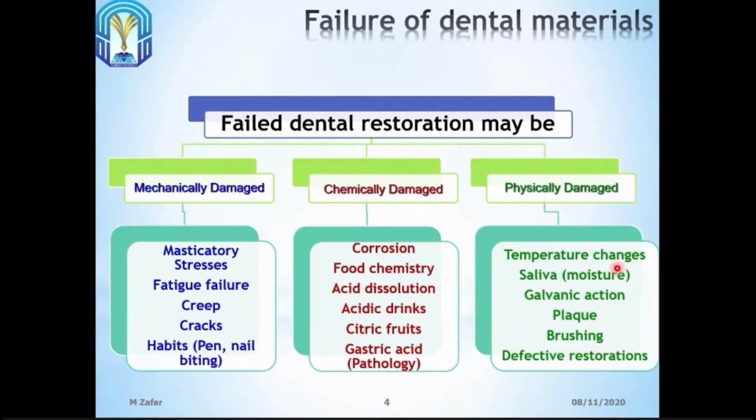Saliva itself contains moisture, various microorganisms, galvanic action. We will read about this galvanic action. What is this? Plaque, brushing itself, and defective restorations. Defective restorations will result in corrosion. So we will discuss all these points which are related to failure in this lecture.